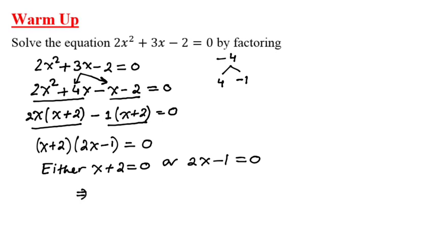From the first, you get x equal to negative 2, and from the second, if you add 1 on both sides and then divide by 2, we get x equal to 1 over 2. Therefore, the two roots of this quadratic equation are negative 2 and positive one half.